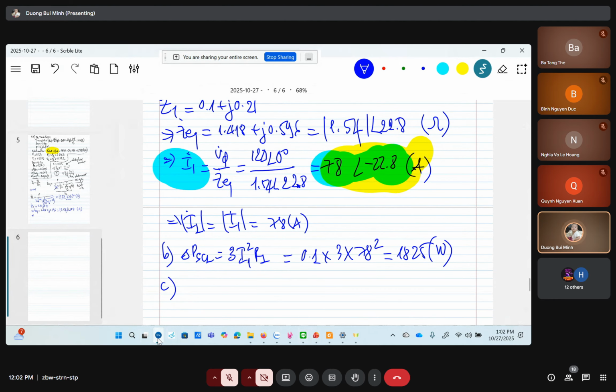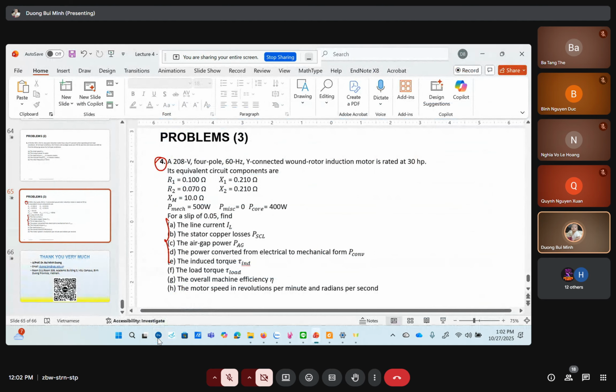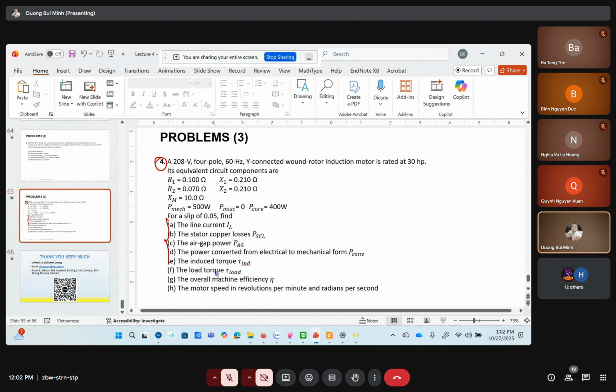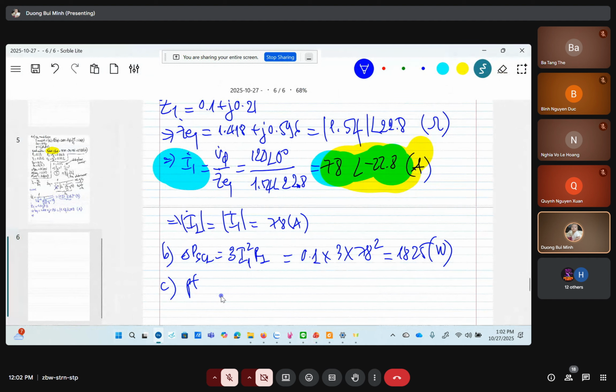So question C. They ask us to calculate air gap power. Maybe I calculate the power factor first. Any information about power factors? No? Okay, so we calculate power factors. The stator power factor is the phase angle theta S between V phase and I1.